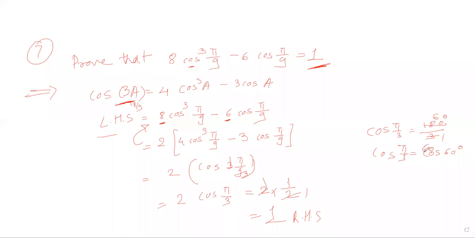So cos pi by 3 means cos 60 degrees, and cos 60 degrees means 1 half. The 2s get cancelled, so our answer is 1. Using this formula we calculated this 1. Clear? Okay. So next example 8-1.